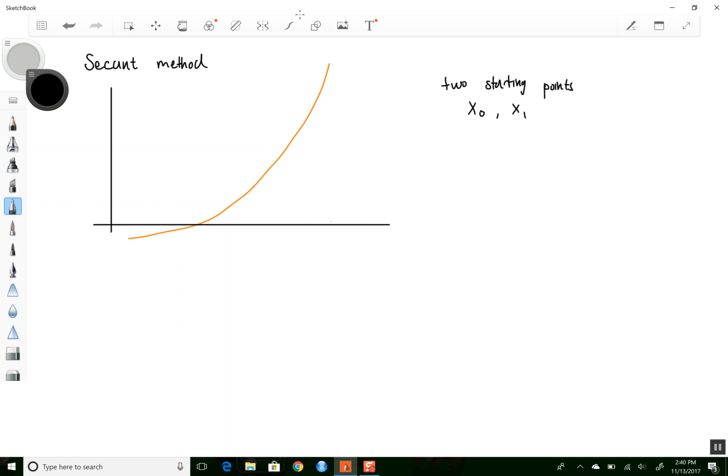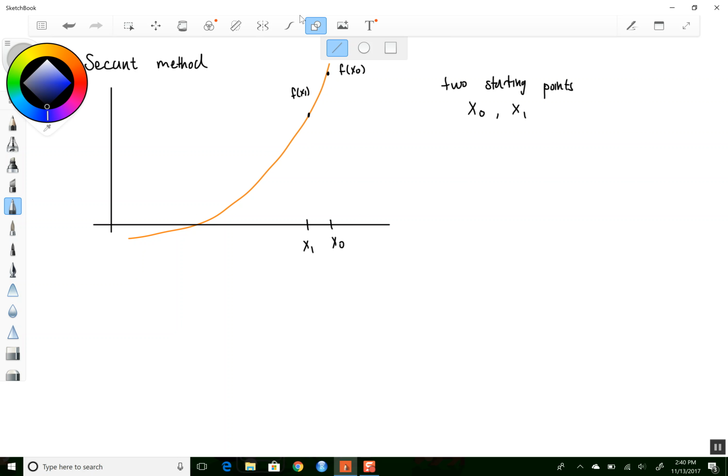Let's say we have x0 here and x1 here. Then you go up and say, this is f of x0, and you go up to here and say, this is f of x1. Then you draw a secant line that connects these two points.